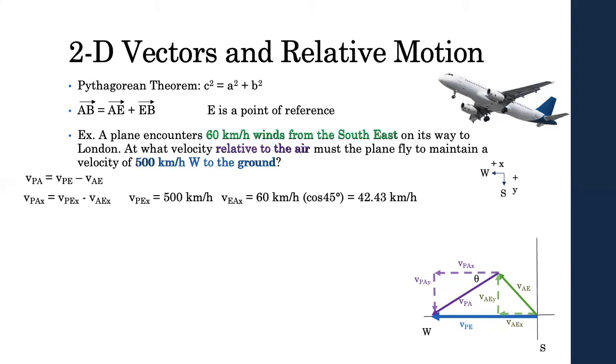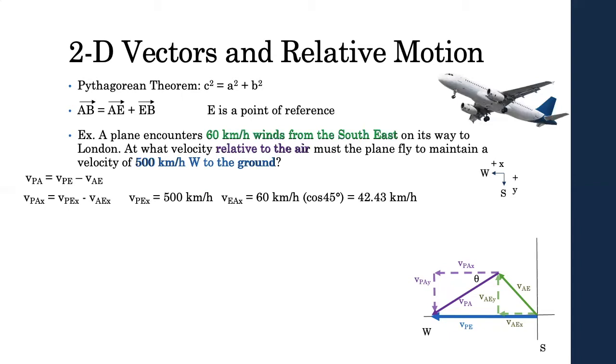And if we're looking for the velocity of the air relative to the Earth in the x direction, we will use our cosine rule, adjacent over hypotenuse. So we can say that the velocity in the x direction is equal to the resulting vector, 60 kilometers an hour, multiplied by cos of 45 degrees. And that gives you about 42.